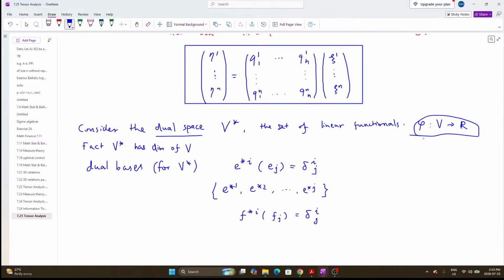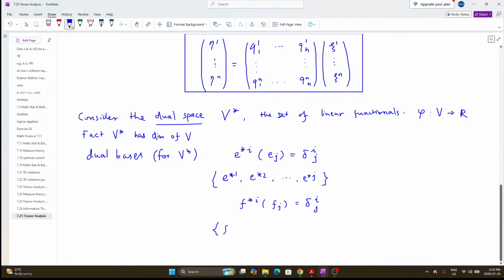This is what they do. And the dual basis eats the given basis: if the indices match, then it's 1, otherwise it's 0. So now you have f star 1, f star 2, all the way to f star n. My bad. This is the other dual basis.